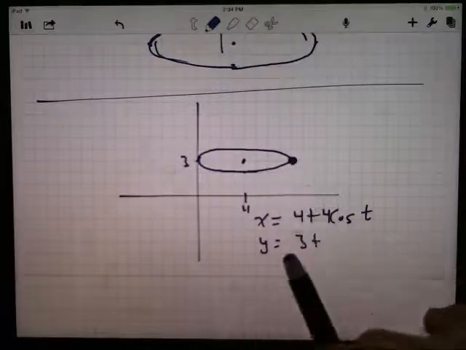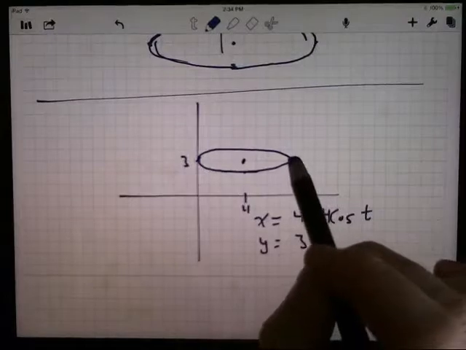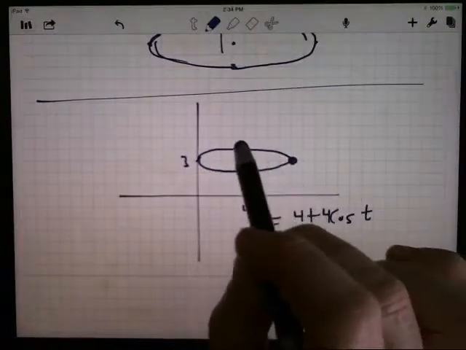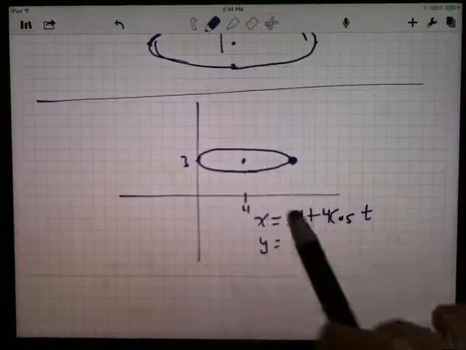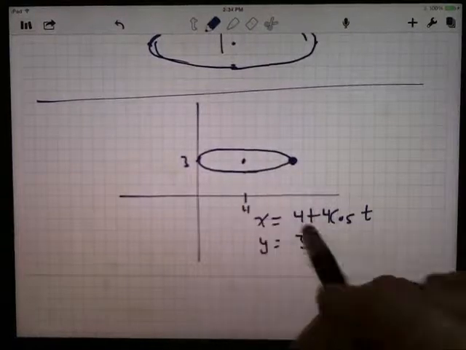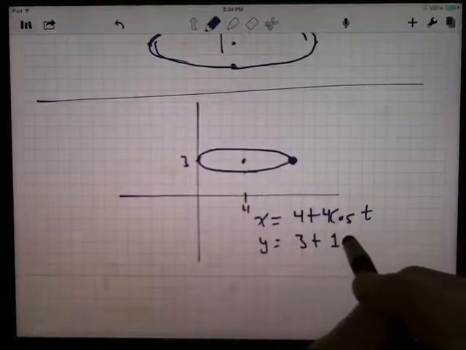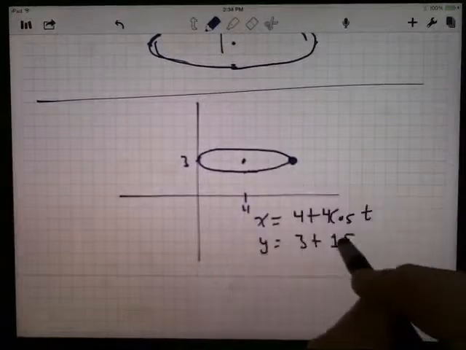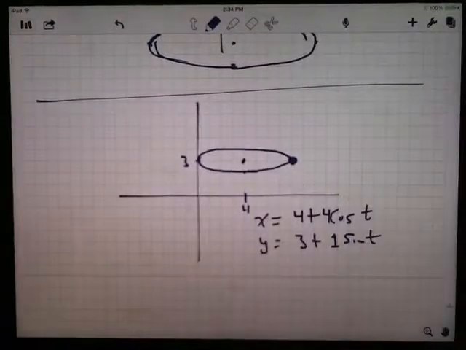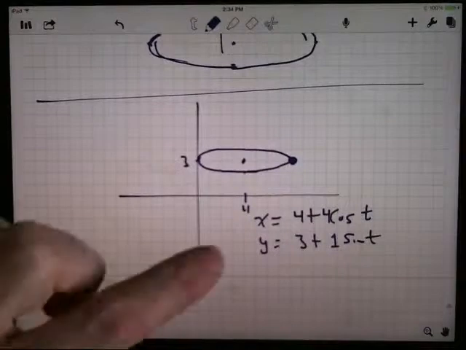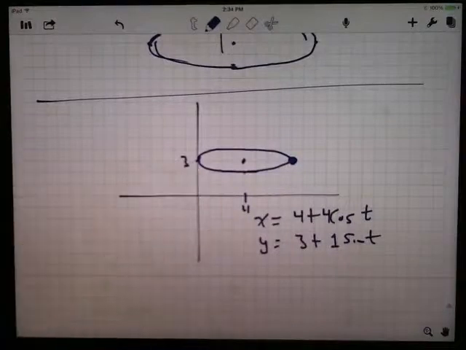So the y value is going to start off in its middle. It's going to start off at 3 and then either go positive or go negative. Either way you can do it. But it's amplitude 1 here, it looks like. And let's just say it goes up. Let's just say sine t. Okay. There are the parametric equations for that ellipse. Okay. All right, there you go.